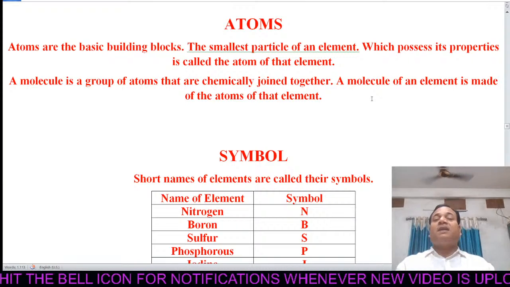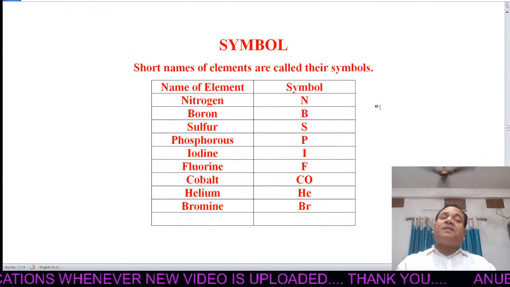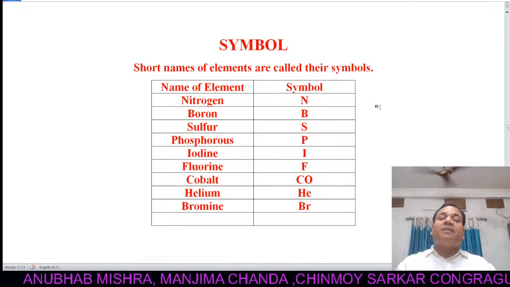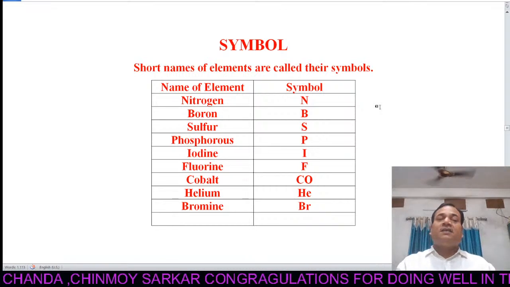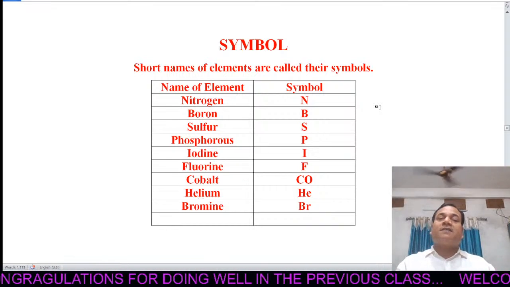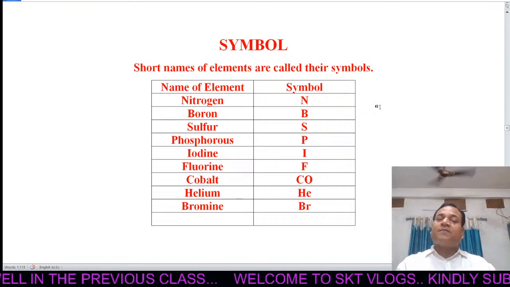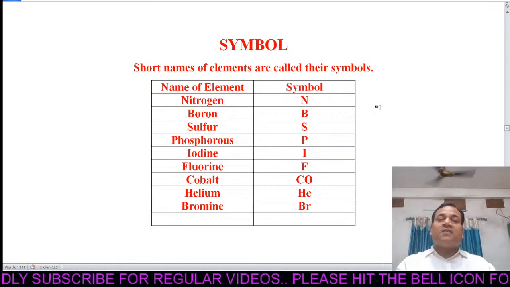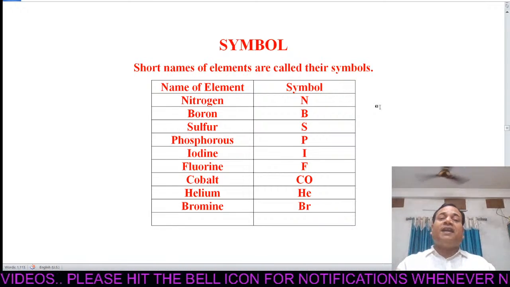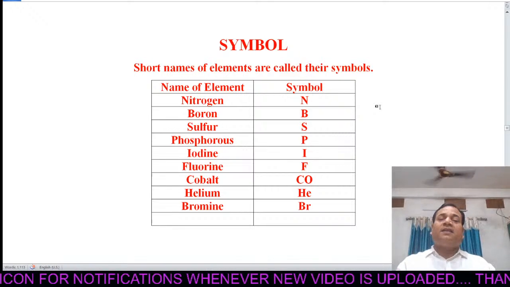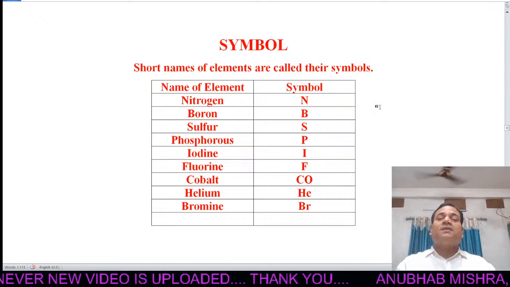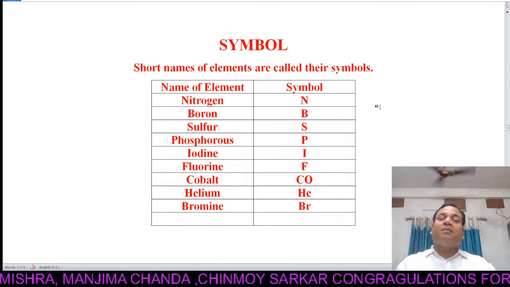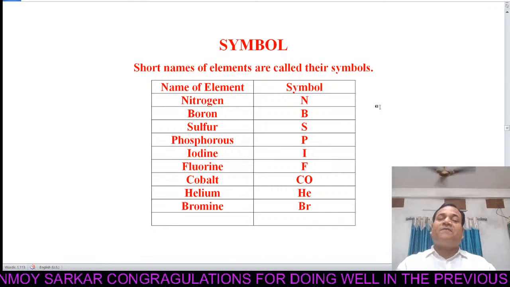Now see symbol. Short names of elements are called their symbols. What is a symbol? Short names of elements are called their symbols. Now see here in this chart: nitrogen symbol N, boron B, sulfur S, phosphorus P, iodine I, fluorine F, cobalt Co, helium He, bromine Br, like that, iron Fe.